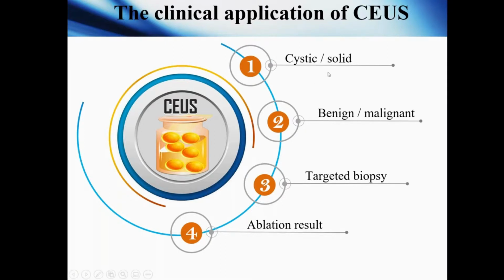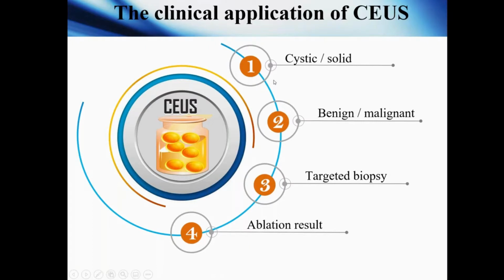Assessing whether the composition of the nodule is cystic or solid. 2. Diagnosing whether the nodule is benign or malignant. 3. Guiding the targeted biopsy. 4. Evaluating the ablation results of thyroid nodules.